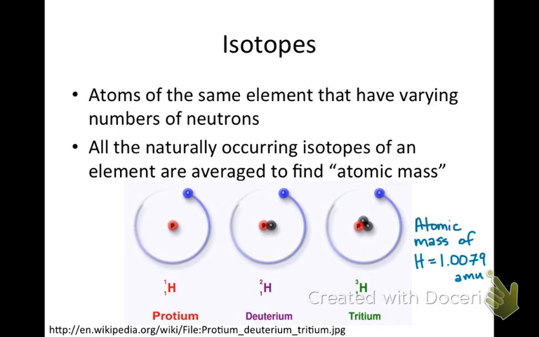And then hydrogen 3 is a radioactive isotope, so it's going to emit radiation, and it's used along with hydrogen 2 in fusion experiments. This is all FYI, but hydrogen 3 can decay to helium 3 with a half-life of 12.32 years.